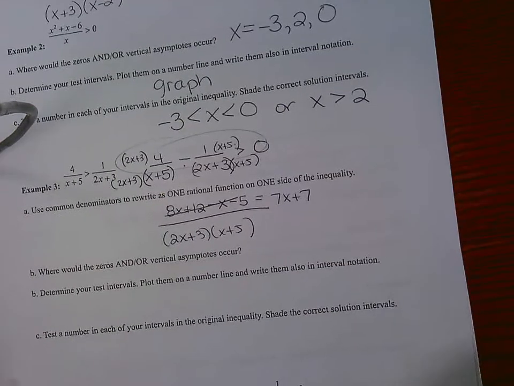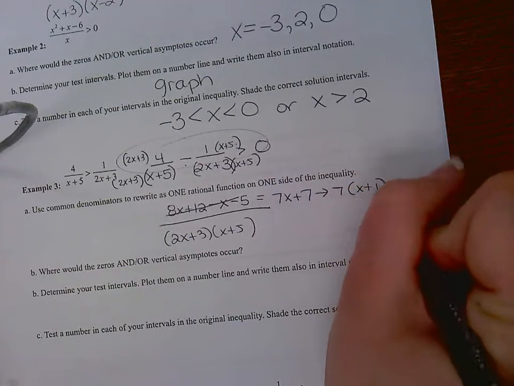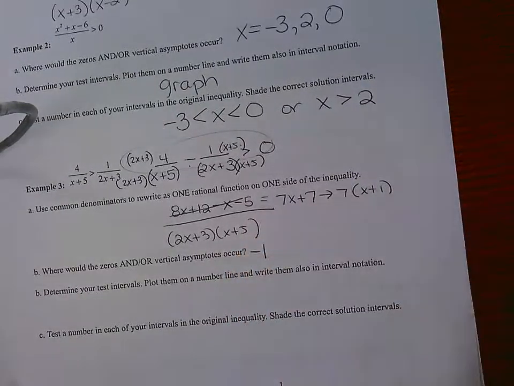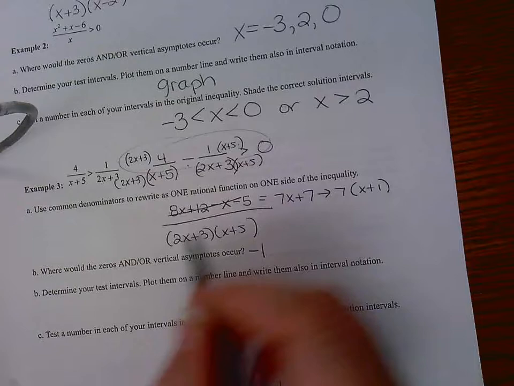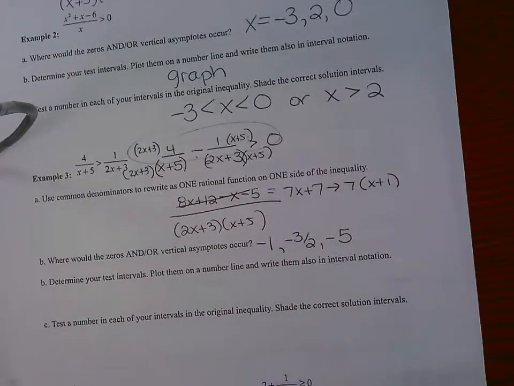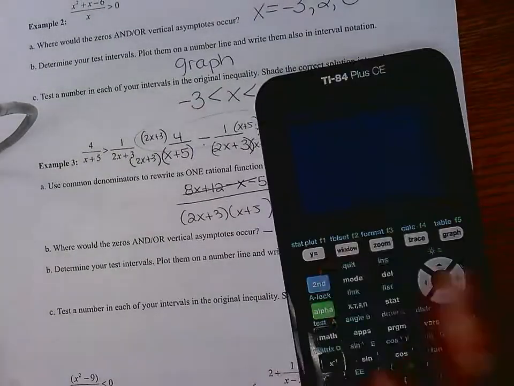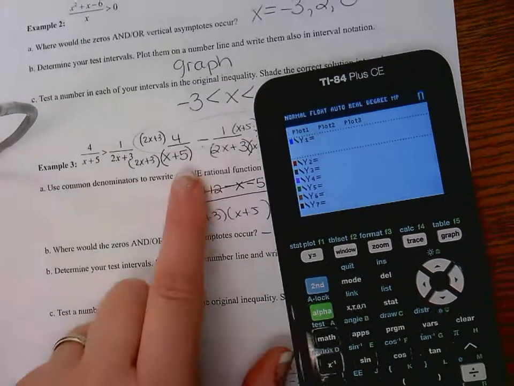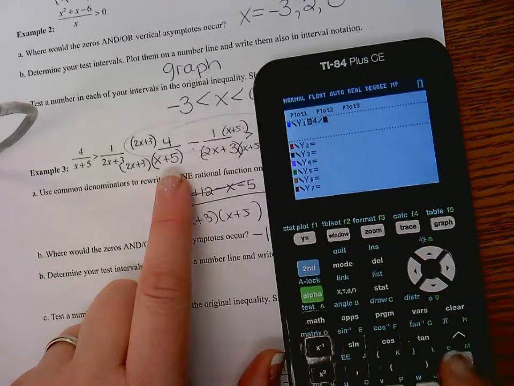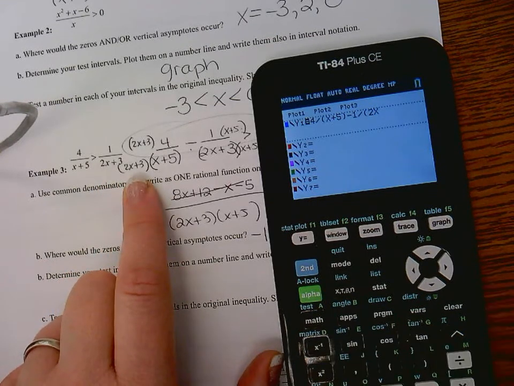All right, where's my x-intercepts? This actually factors into 7 times x plus 1. So I've got something going on at -1, something going on at -3/2, and something going on at -5. I want any part of the graph that's above the x-axis, but I have to put it into my calculator as 4 over x plus 5 minus 1 over 2x plus 3.